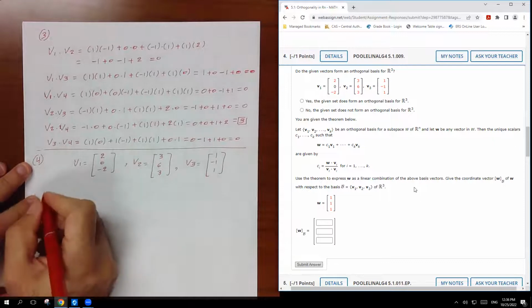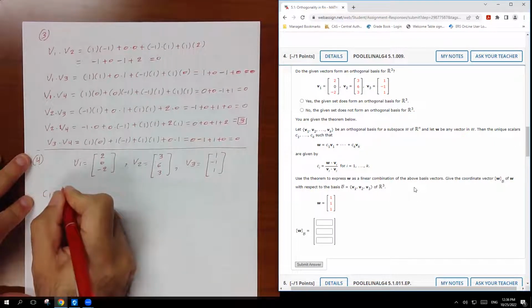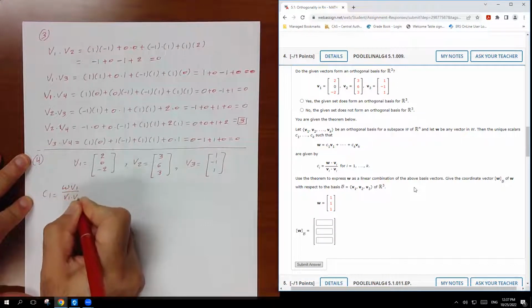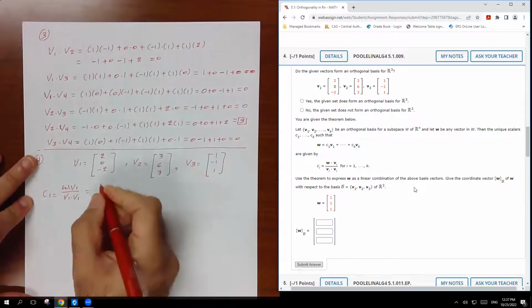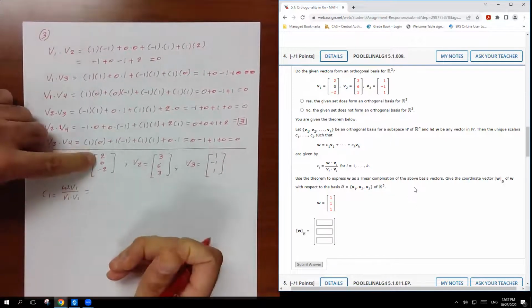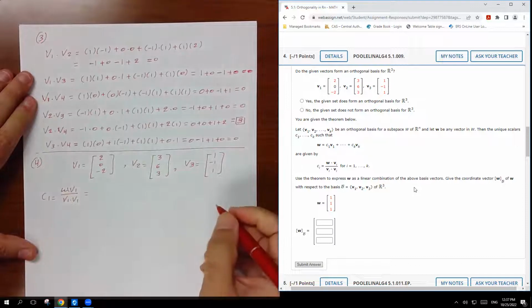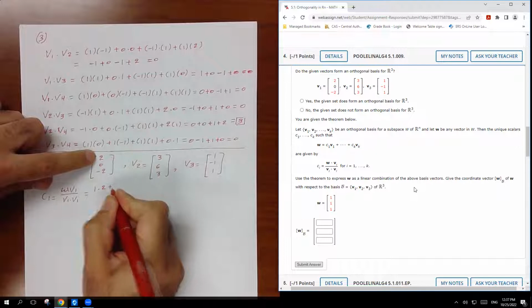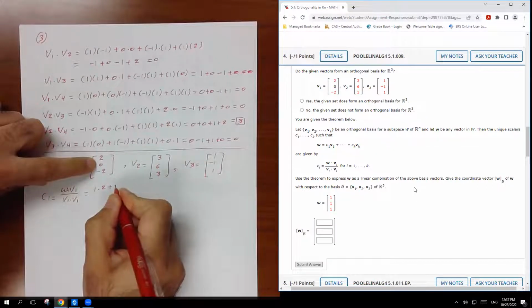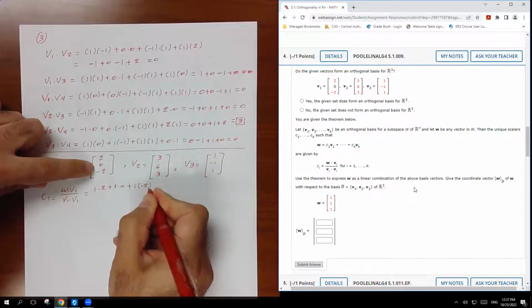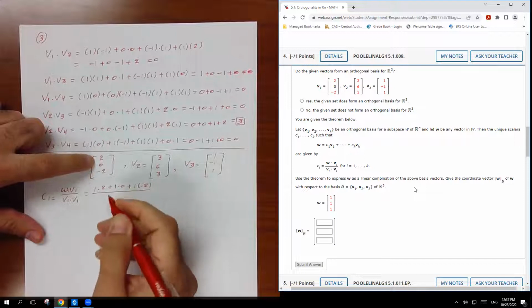So the first thing I'm going to say, C1 equals the dot product between W and V1 over the dot product between V1 and V1. So it's going to be the dot product between W and V1. W is the vector 1, 1, 1. So it's going to be 1 times 2 plus 1 times 0 plus 1 times -2 over V1 times itself.